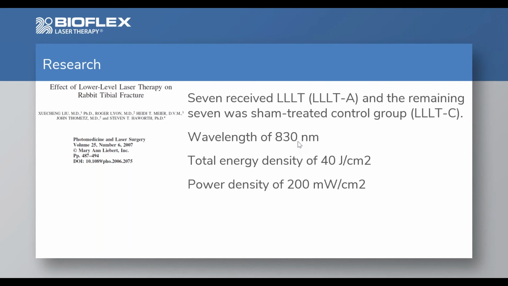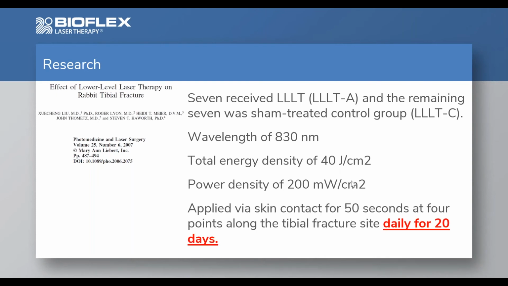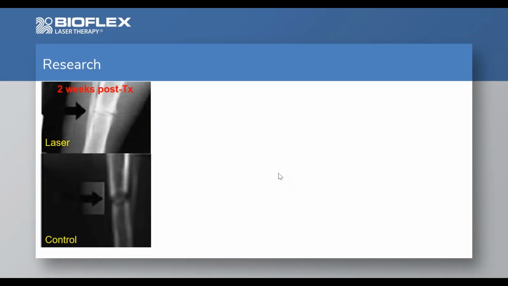They used near-infrared light, 830, fairly high energy density at 40 joules per centimeter squared, and a power density of 200 milliwatts per centimeter squared. The treatment was applied directly to the skin for 50 seconds at 4 points along the tibial fracture and daily for 20 days. Here are the results.